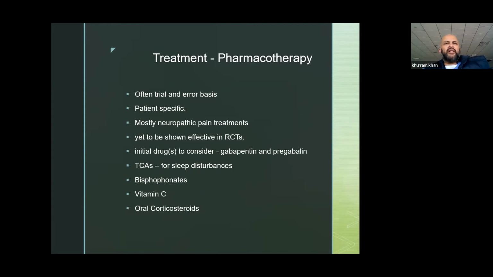All of those have been tried. Additionally, I have used Vimpat, which is lacosamide, carbamazepine or oxcarbazepine, oral ketamine. Low-dose naltrexone and oral ketamine have a very significant following among the pain physicians, and a lot of anecdotal data and evidence is there, which actually leads us to use oral ketamine and low-dose naltrexone, and that is very helpful for some of the patients.